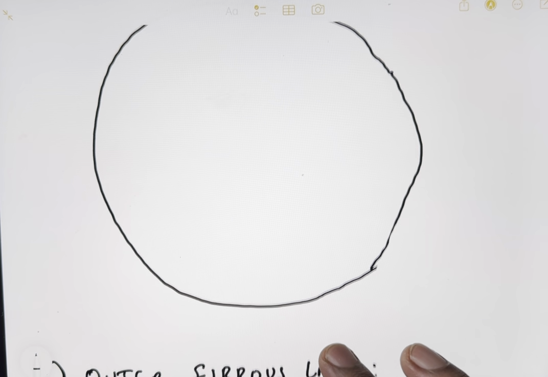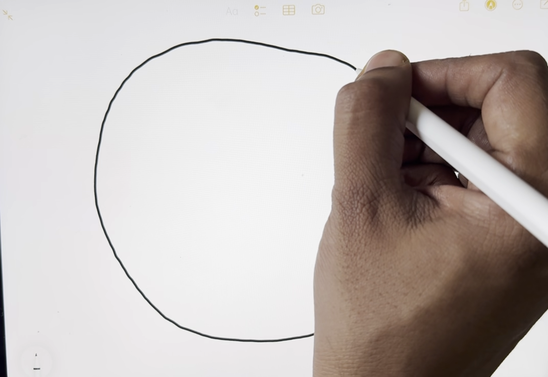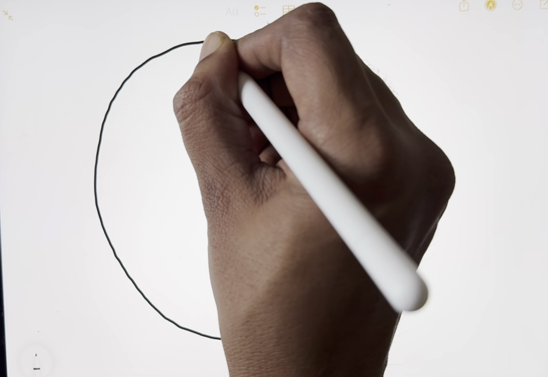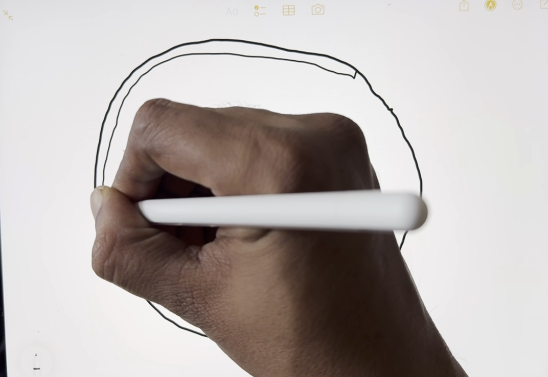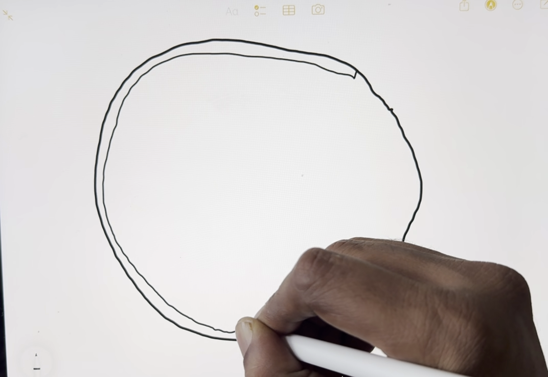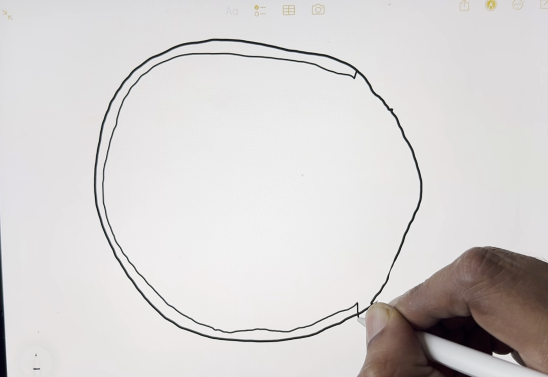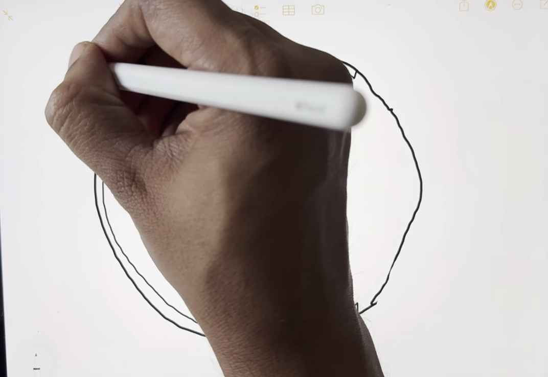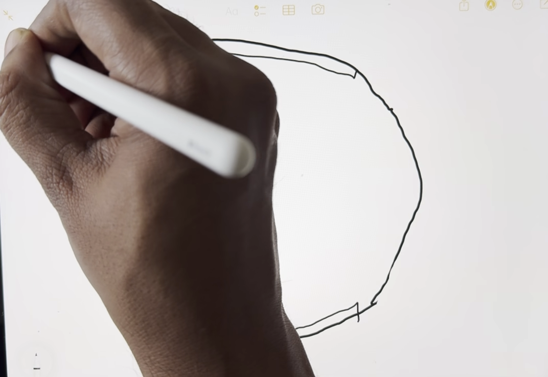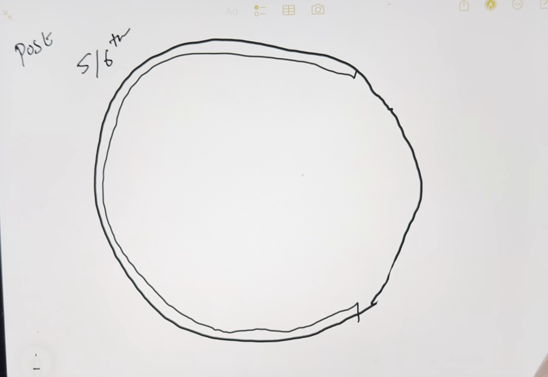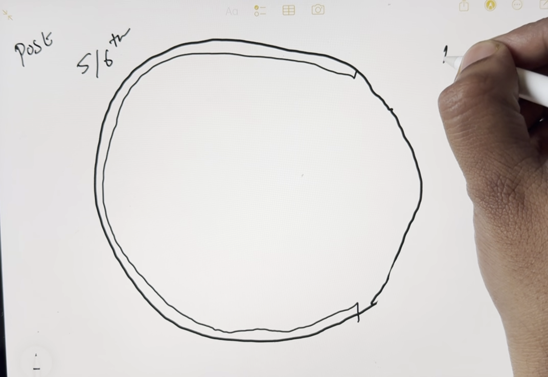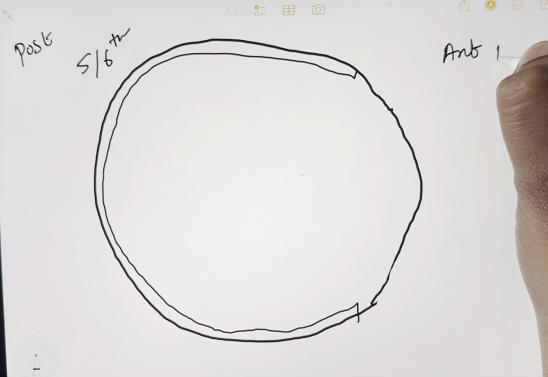Let me draw here. This outer part is the sclera, which I am drawing with the double line. It consists of the posterior 5/6, the back side. I am doing a longitudinal section here, a cut section, with the posterior part and the anterior part.